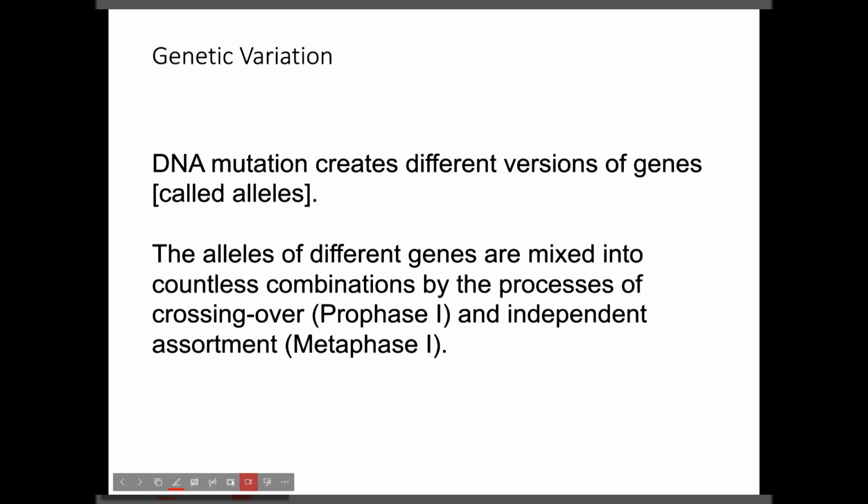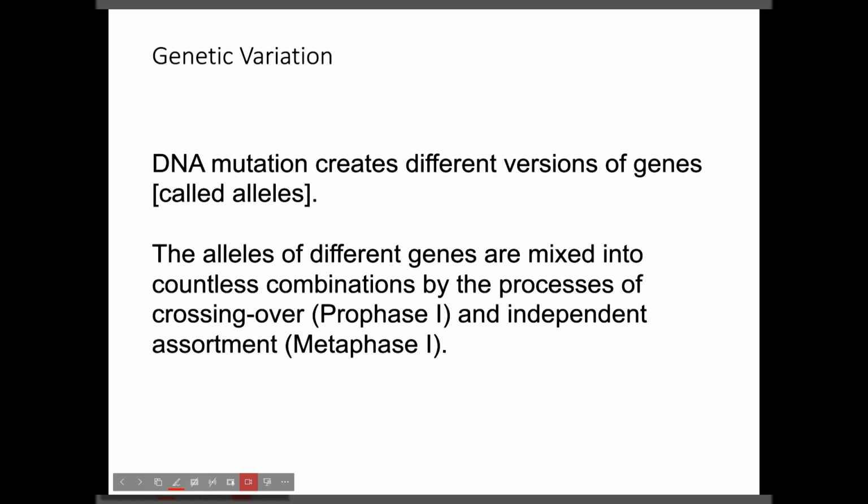And the number one source of all genetic variation is mutation, where DNA is mutated, meaning little changes in the DNA that are caused sometimes by the DNA replication process. Mistakes during DNA replication can create a lot of mutations, but also things like UV and X-rays and chemicals that come into your body from the outside environment.